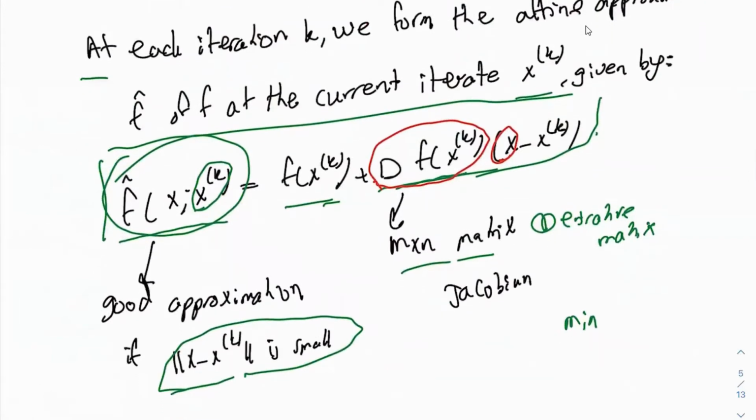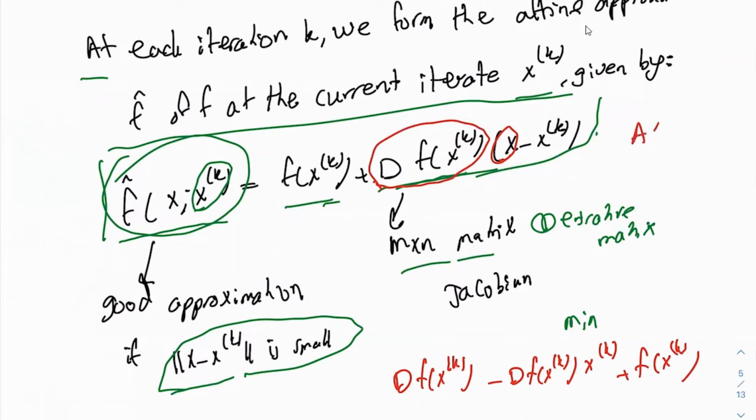Let's just expand this. We have d of f of x of k minus d of f of x of k times x of k plus f of x of k. So this is gonna be what? When you write it as an equation, ax equal to b, right? When you solve this normal equation, you have ax equal to b, right?